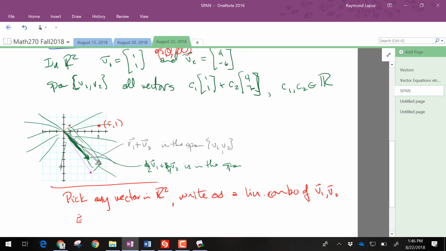So an example would be 50 and 100. Can we write this as a linear combination of 1, 1 and 4, negative 6? And when we ask that question, we're actually taking ourselves back to a system of linear equations.